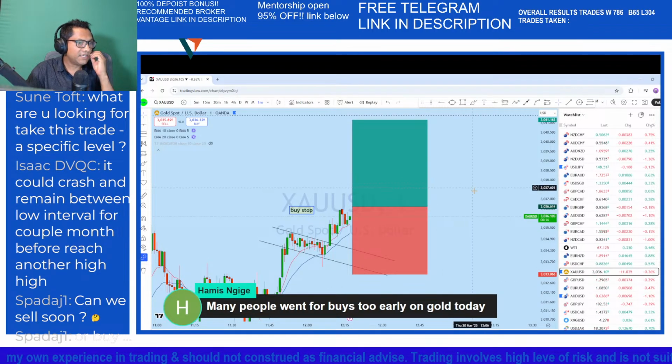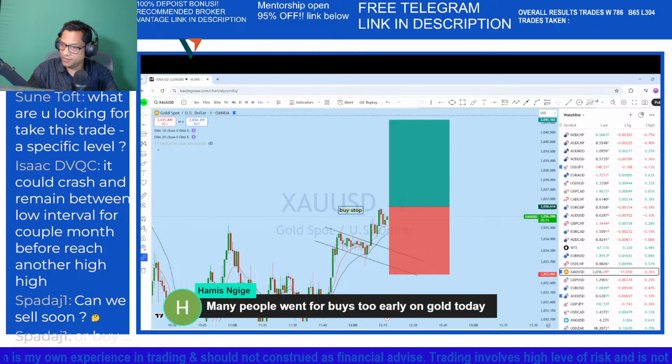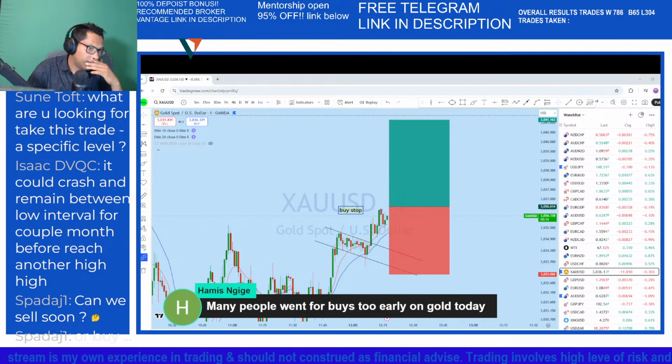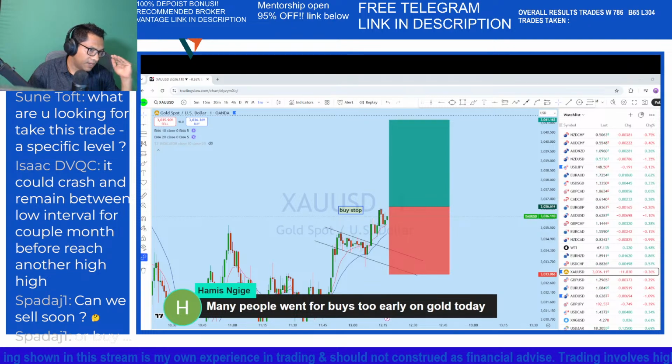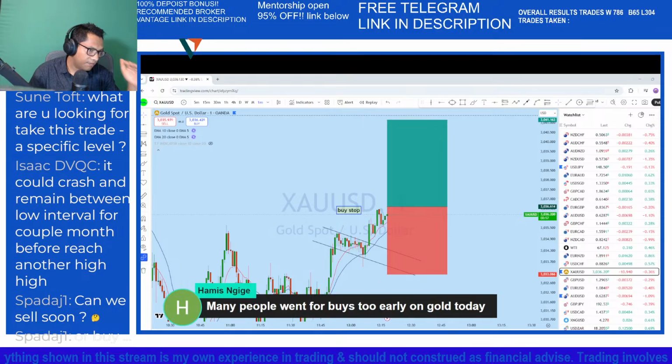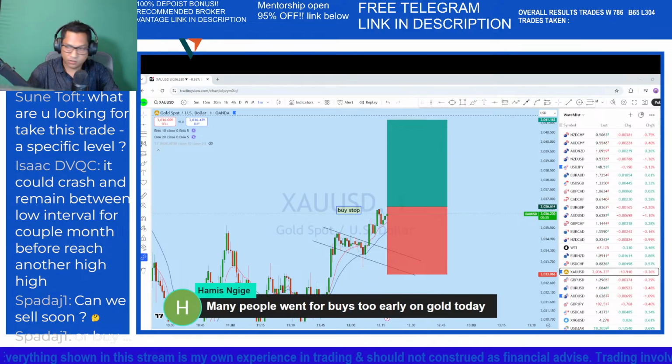So we may see some movement potentially. Let's wait to see where it is heading. So we place the buy stop here, and with that buy stop we would like to see the market moving up, hitting that level and then going back up. If we see that move, then we are on the trade.